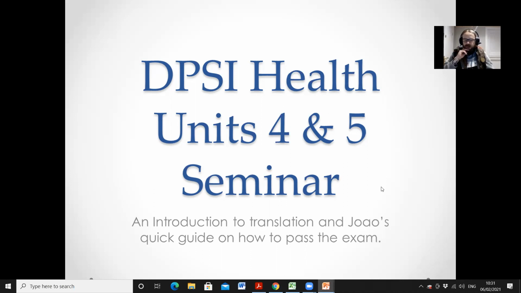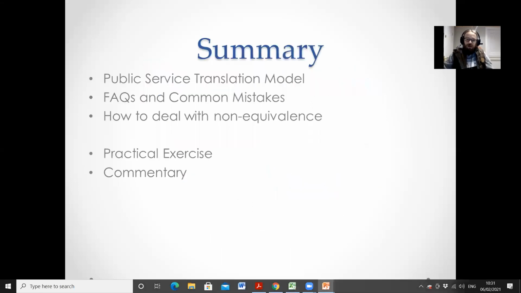So we're going to talk a little bit about these units, and how to approach these.